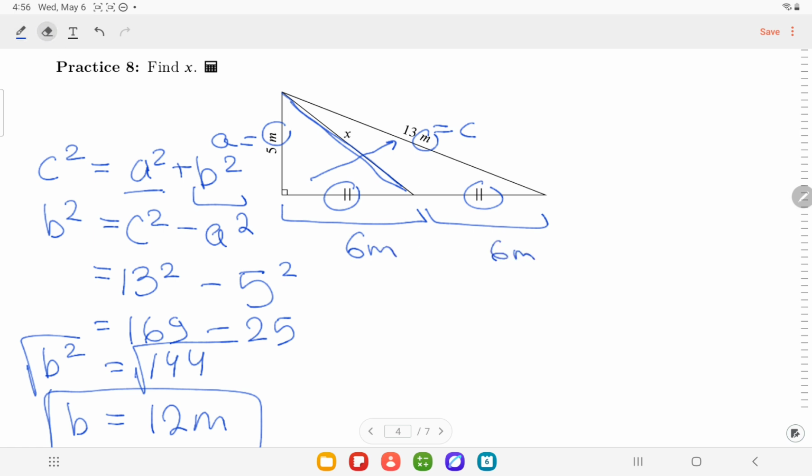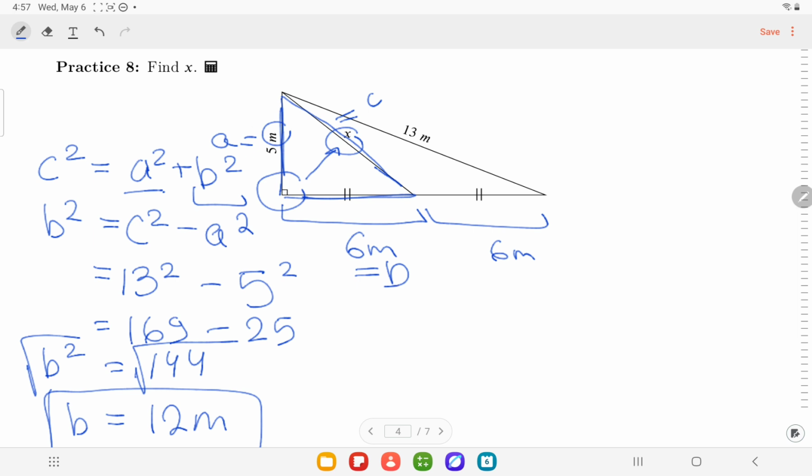So now we can take a look at finding x, because we know this side, we know this side, and now we're looking for the hypotenuse of this smaller triangle here. And since there's a right angle, we know that the x, which is the opposite side to the right angle, is the hypotenuse. So this is our c. And now in this case, the 6 will be the b, and the 5 is the a.